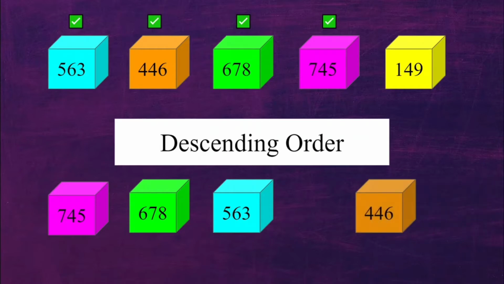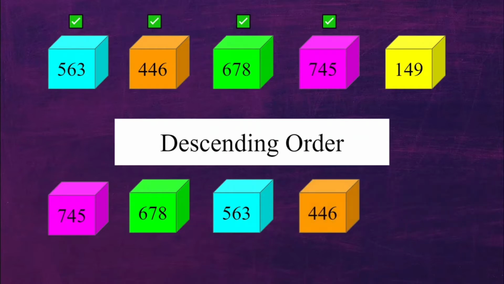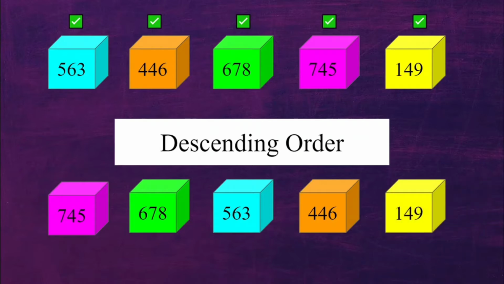So we will arrange 446 after 563 and we'll arrange 149 after 446 as it is the only box left out and it is also the smallest number of the boxes. So now we have arranged these boxes in the descending order.